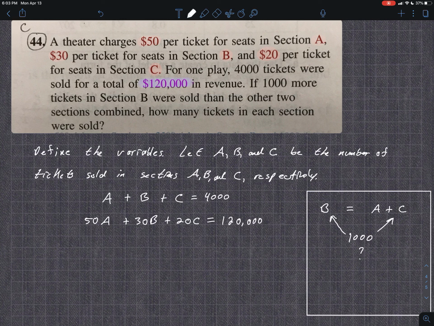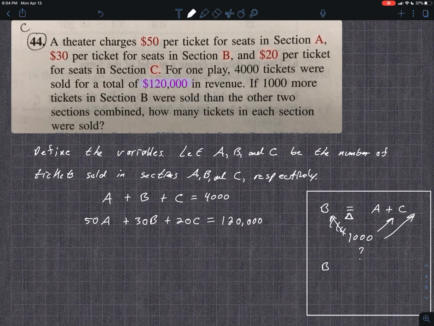And so to have this equation balanced, think of it like a balancing thing here. So we have 1,000 more in B than the other 2 combined. So where do I put the 1,000? 1,000 has to be over here because B is more, there's more B's.